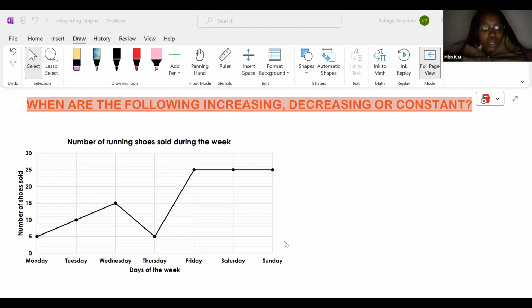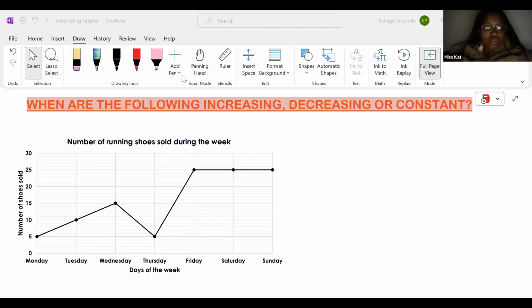From where to where? Okay, one says from Thursday to Friday. Is that the only time this graph is increasing? Another says Monday to Wednesday, and then Thursday to Friday.